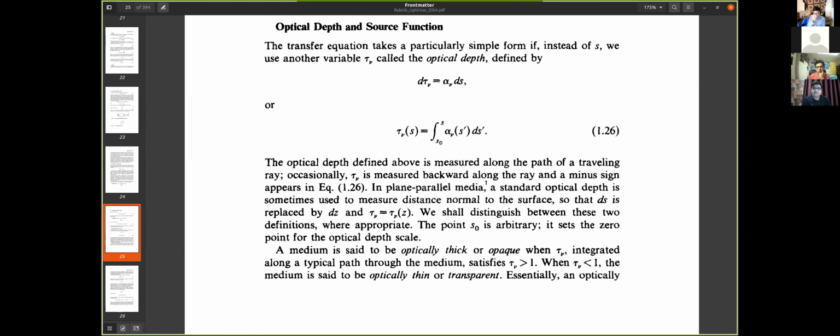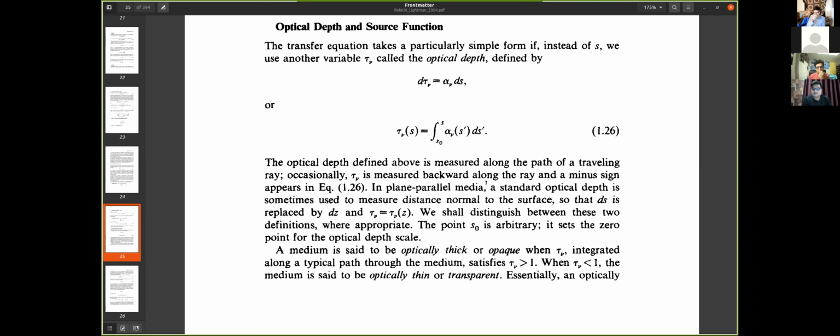most of the light coming from the source will pass through the medium as it is, or maybe a certain level of absorption could be there. It depends on the value of this tau nu. So generally, to classify the medium, we say that if tau nu is greater than 1, then that medium is generally referred to as optically thick or opaque.